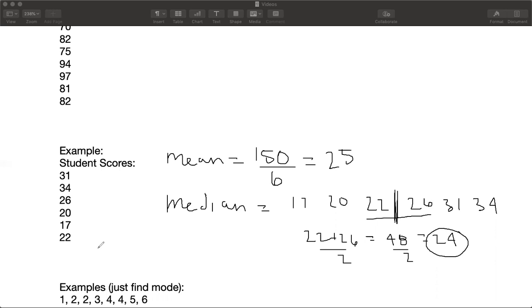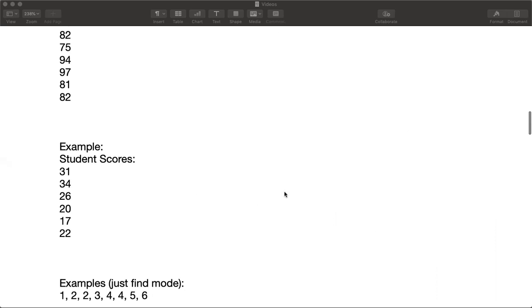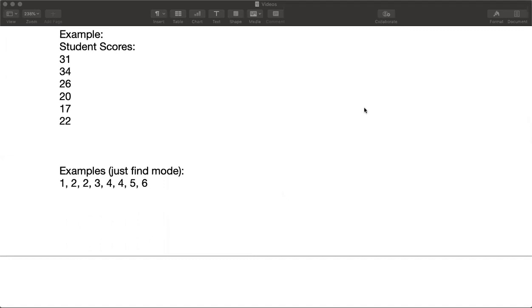Now our mode here, each of these are unique values, so we have no mode. And that's totally okay. Each value is unique. Now the last example we'll take a look at here is just to look at the mode. So if we take a look at this set of values that's already in order, we have 8 numbers there.